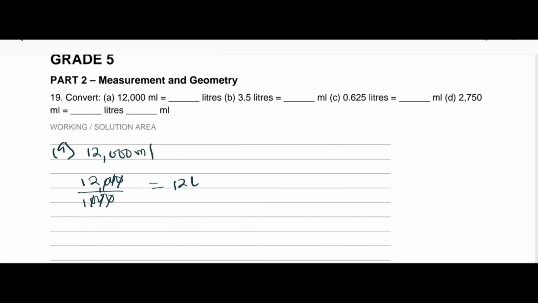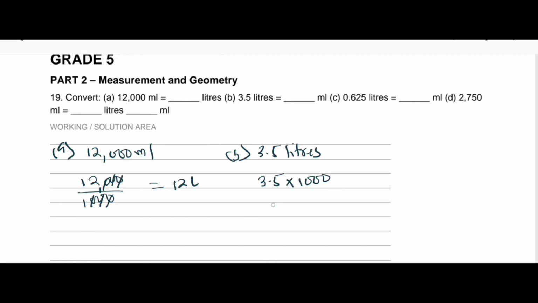B, convert 3.5 liters to milliliters. When you are converting from liters to milliliters, you multiply by 1,000. So 3.5 times 1,000. If you are multiplying, you start counting the zeros from where the point is.